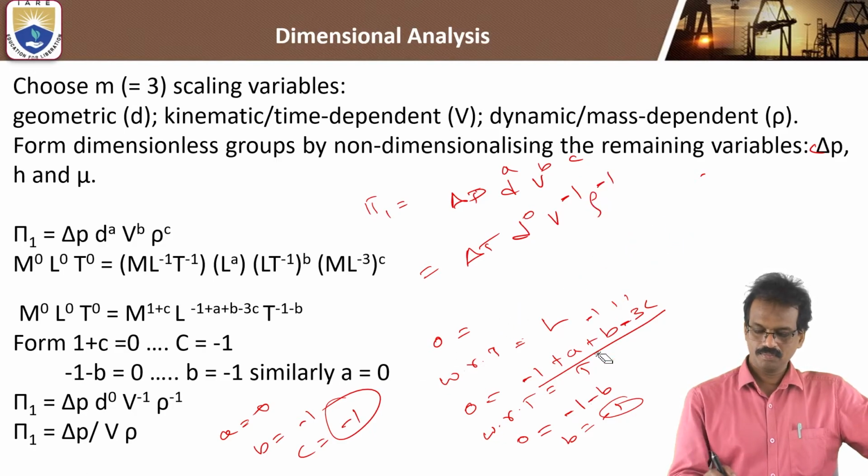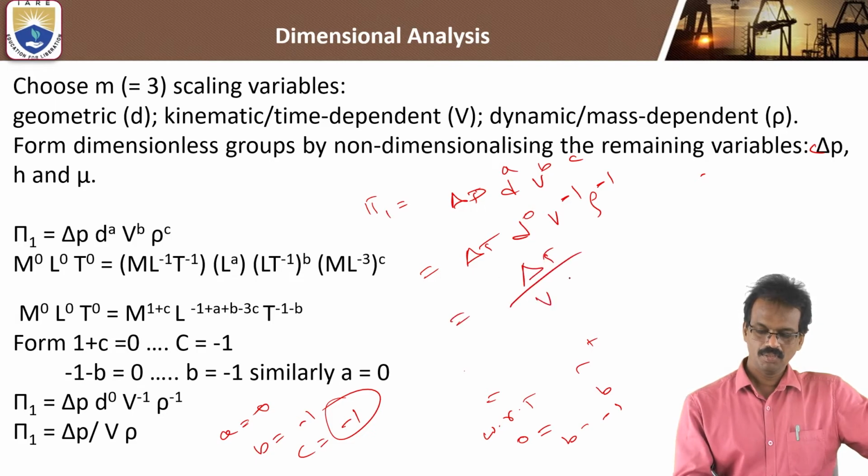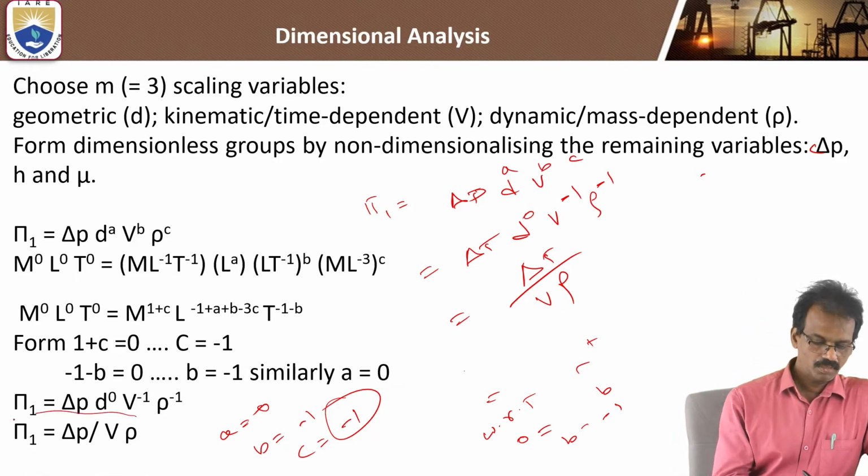So we got Δp divided by velocity into rho, that is v rho. So that is the pi 1 term.